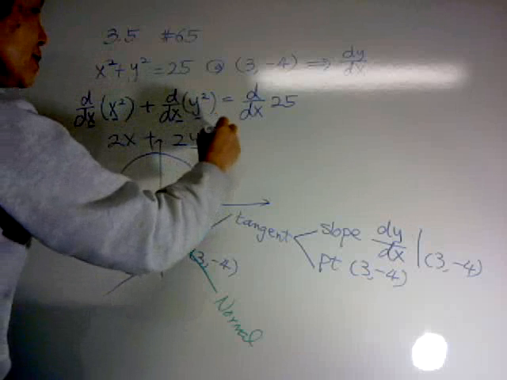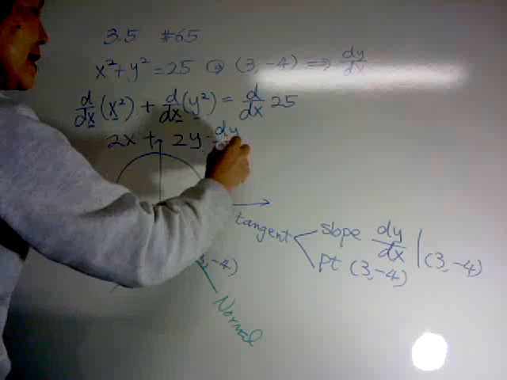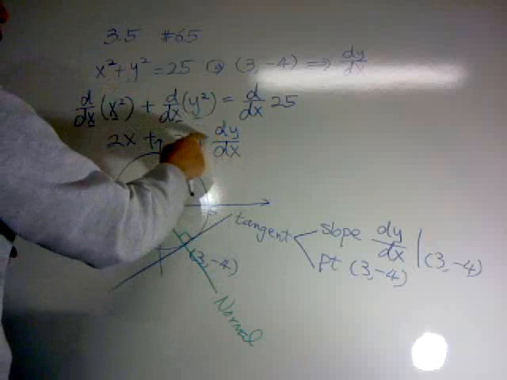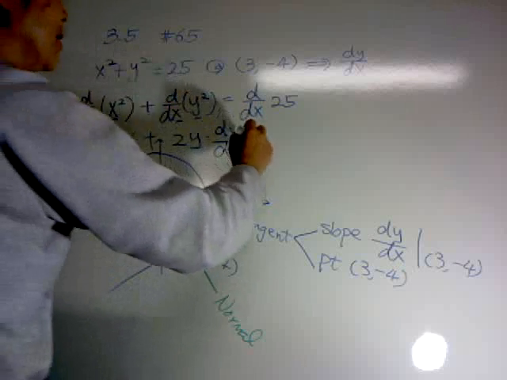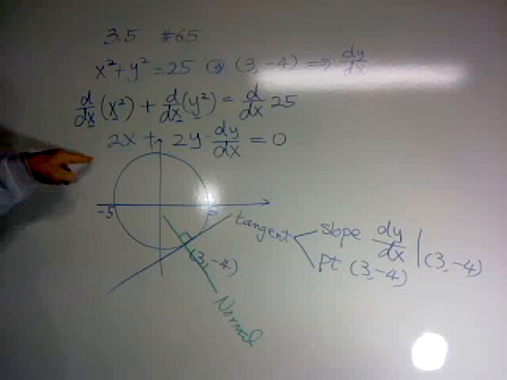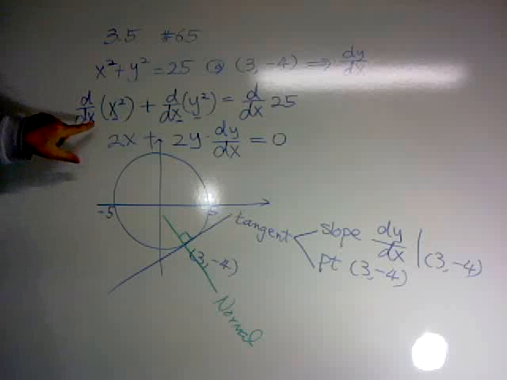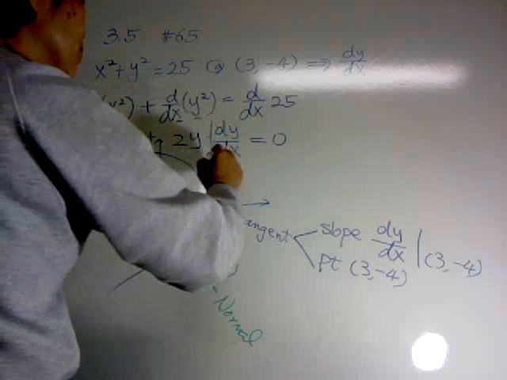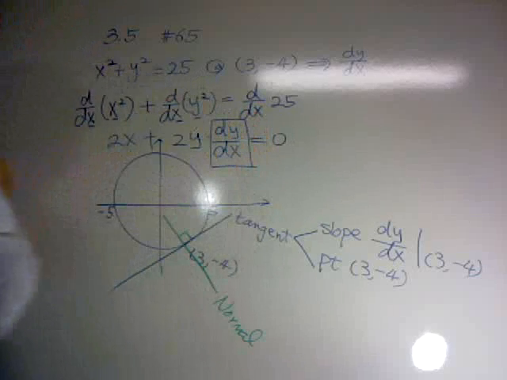That's why we need dy/dx, which is multiplied to this 2y, equals 0. Well, from here, as soon as you compute this part, you are almost done. The rest is algebra. And here we are going to solve this for dy/dx, meaning leave dy/dx by itself.